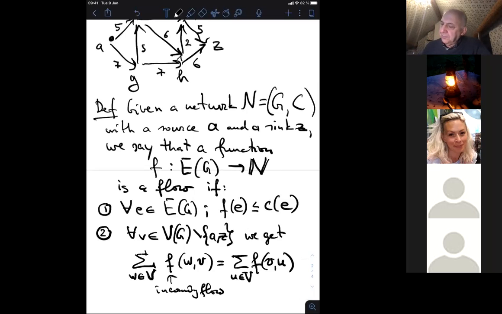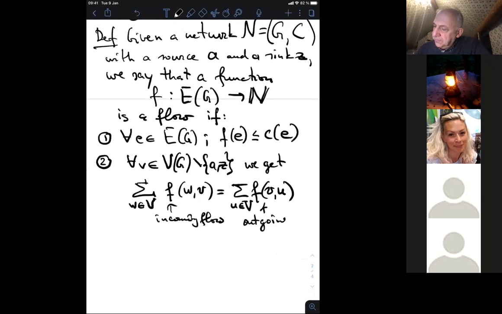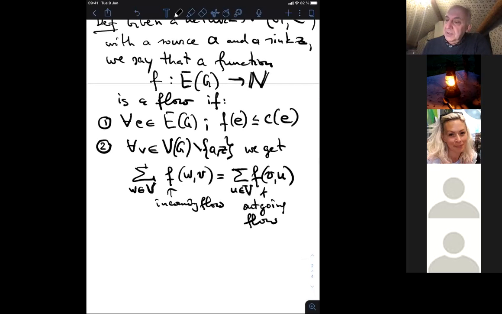Outgoing flow. Okay, so the amount of water coming in, or the number of cars coming in at any crossing, should be equal to the number of cars leaving it, of course except for the source, which you can think of as your well, and then you have a sink, another vertex where everything can disappear.